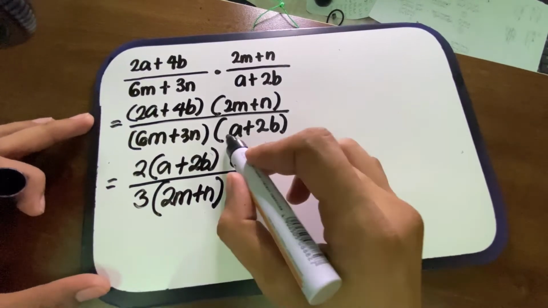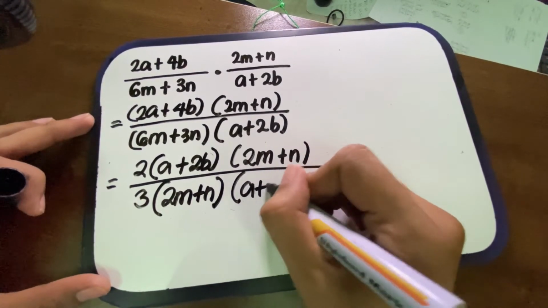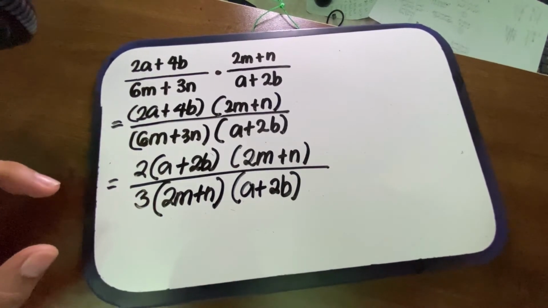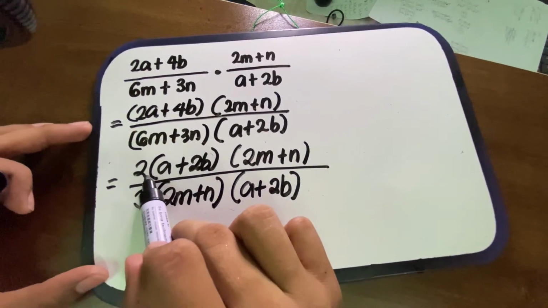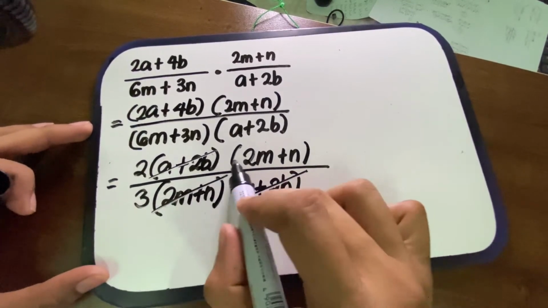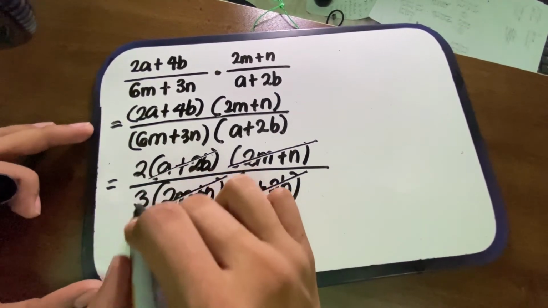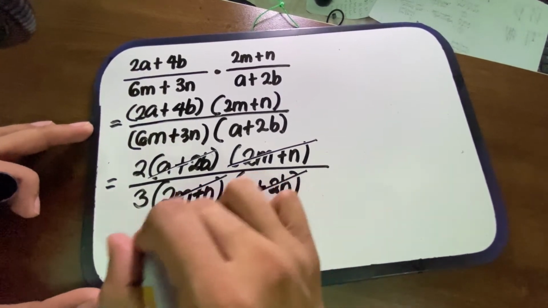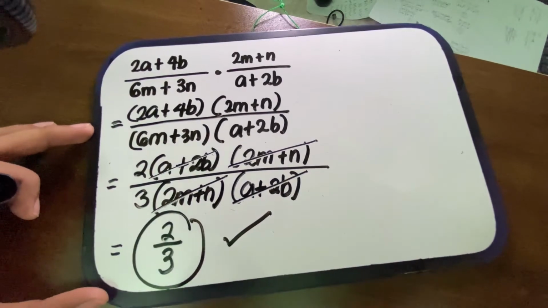Then copy this one, a plus 2b. So if you notice, we have these common factors. Cancel. This one. Cancel. So the remaining is 2 over 3, or simplified product.